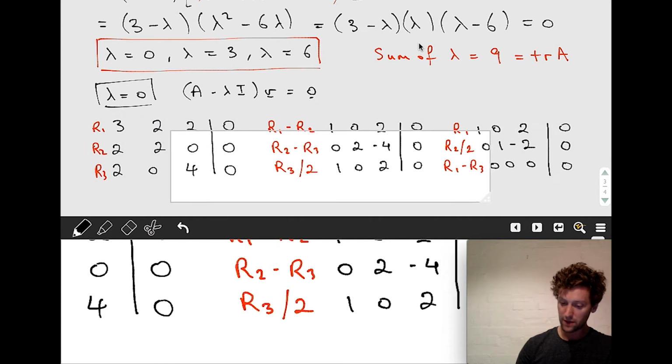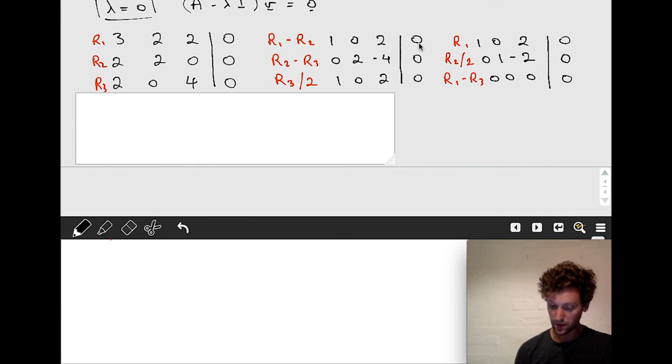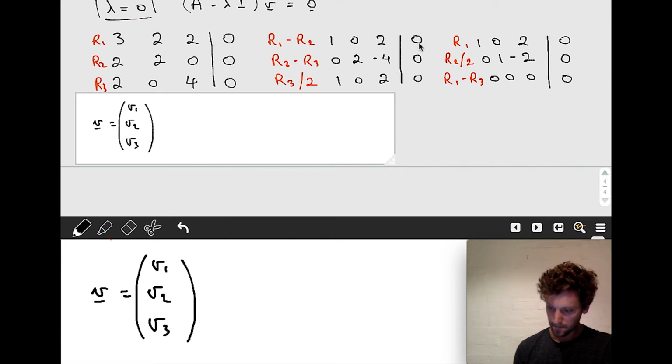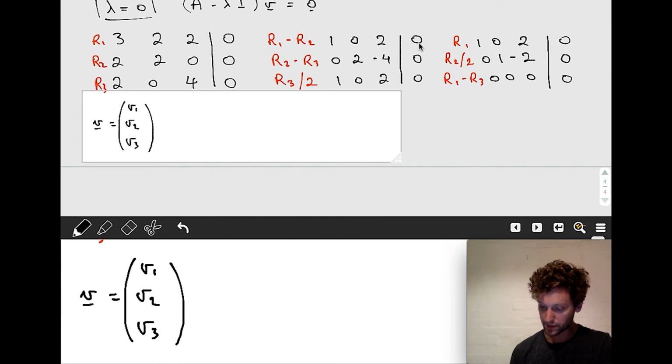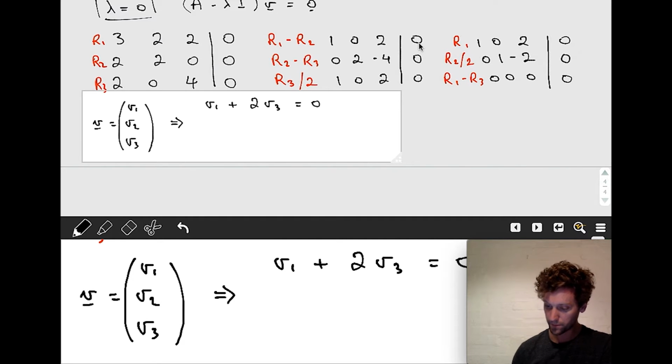So let's write these now as equations. If my vector v is equal to (v1, v2, v3), then my first row gives me the equation v1 plus 0 times v2 plus 2v3 equals 0.